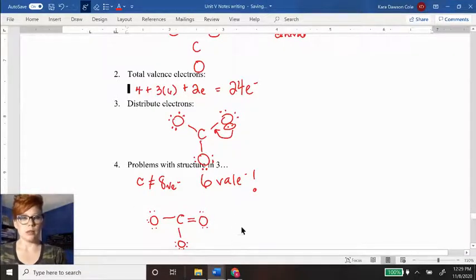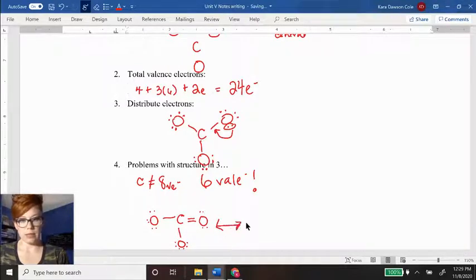And this particular molecule can resonate between structures to stabilize itself.